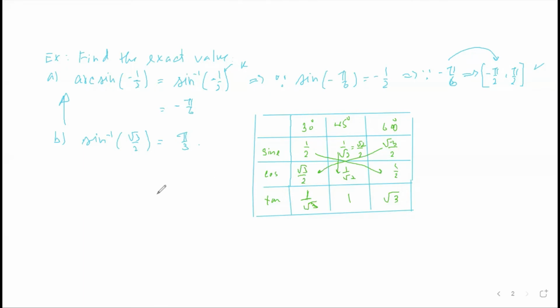Okay. Now let's try the next one, the last example. If I have to find arc sine of 2, this one will be really fast, right? You can see 2 is the x inside the arc sine.